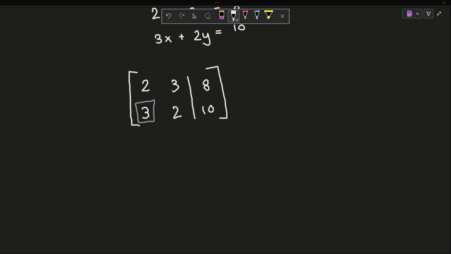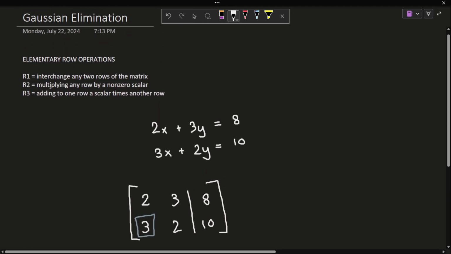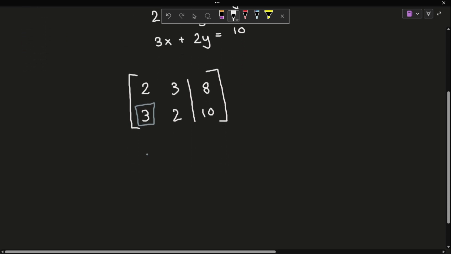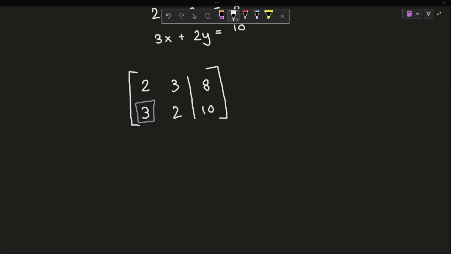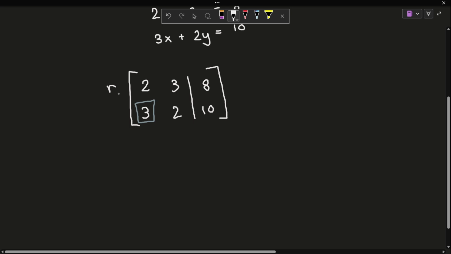Okay, so hopefully you've had an opportunity to think about that. What I would do here is take the first row, and we're going to be using operation number 3 here. I would take the first row, multiply it by -3/2 and add it to the second row. Let's denote these as lowercase r1 and lowercase r2 for the rows.